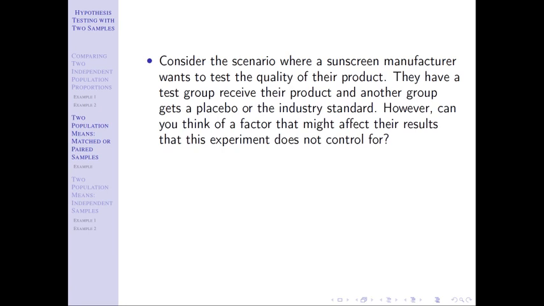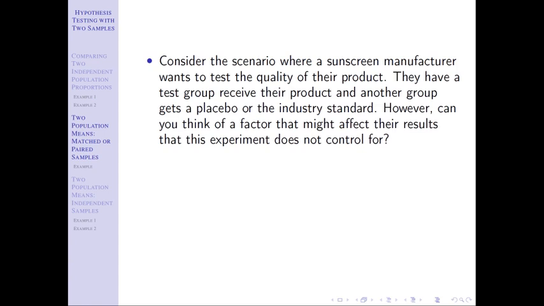The idea is if you control for everything perfectly equally, then any difference in the groups has to be because of the difference in treatment, right? The one group got sunscreen and the other group got either placebo or industry standard. And so this is a scenario that it's not the end of the world in this case, but it's just something to consider. Do we have similar groups?